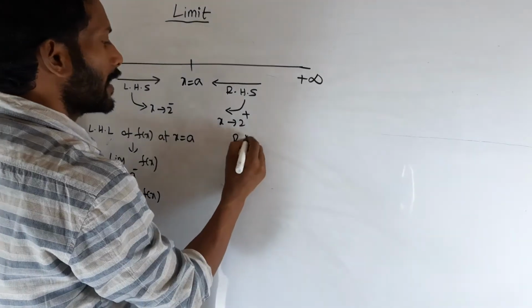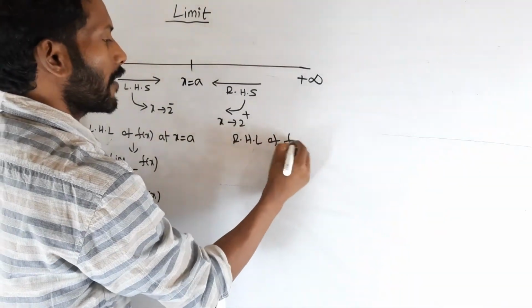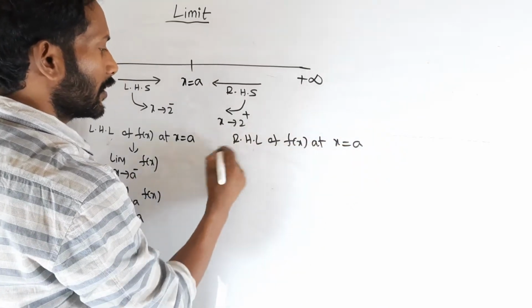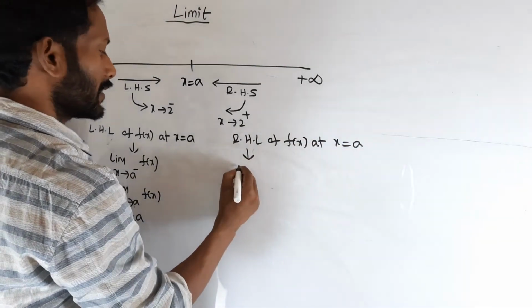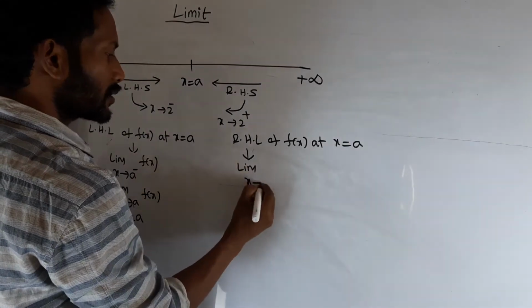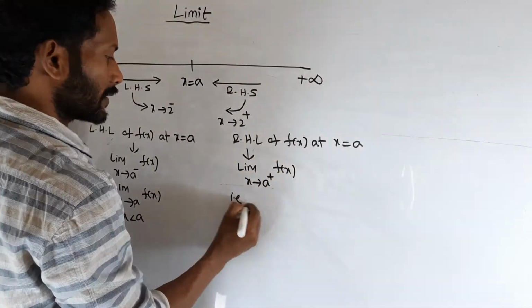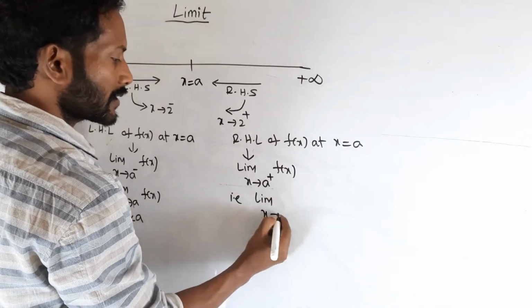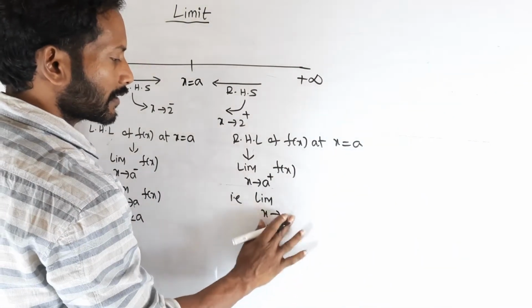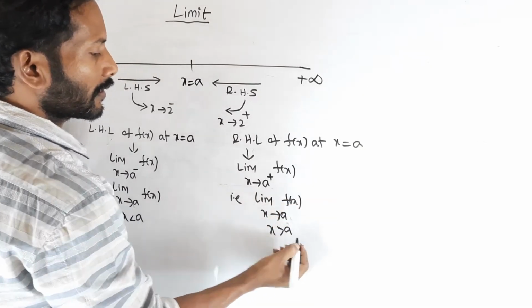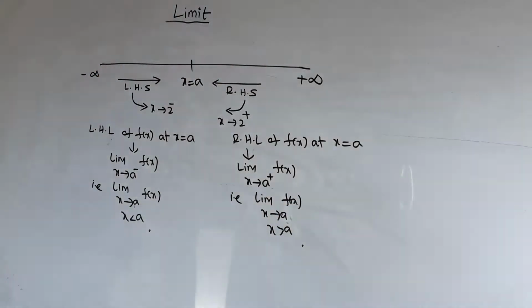Now right hand limit of f of x at x equal to a is limit x tends to a plus of f of x. That is, limit x tends to a, where x is greater than a, of f of x. I hope this is clear.